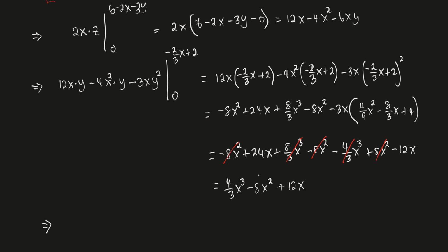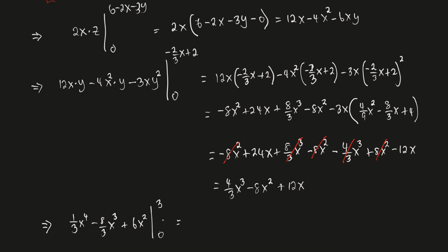So now let's integrate this with respect to x. So power rule here, it will give us 1/3 x to the 4th. Power rule here again, minus 8 thirds x cubed. And then power rule again, plus 6x squared. And then now we evaluate from 0 to 3.